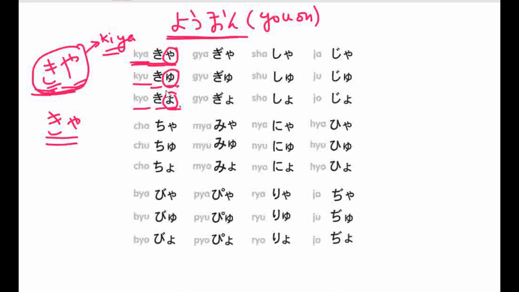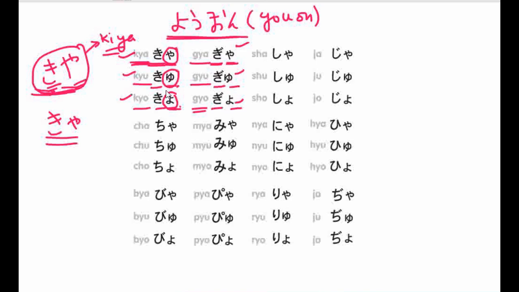If we use this small ya with gi, it becomes gya. Same, gi and small yu, gyu. Gi and small yo, gyo. So I will repeat: kya, kyu, kyo, gya, gyu, gyo.